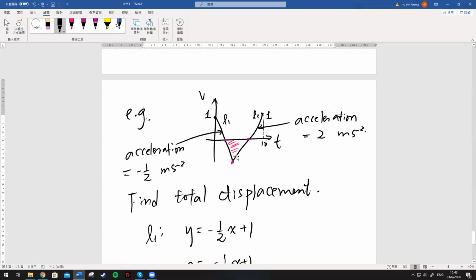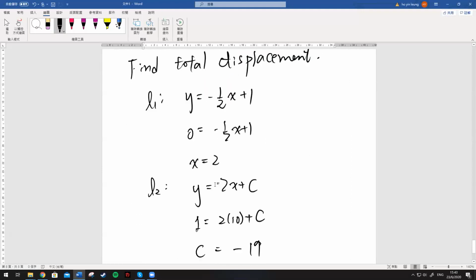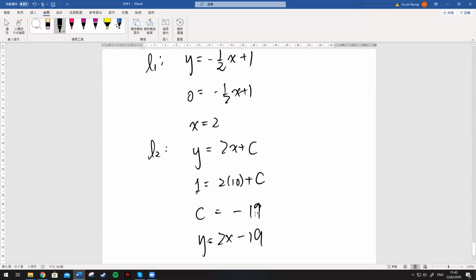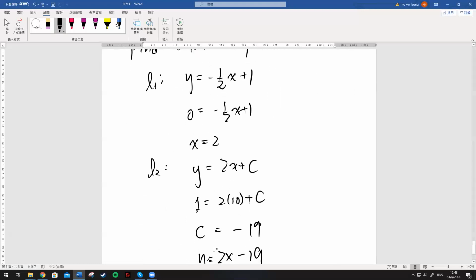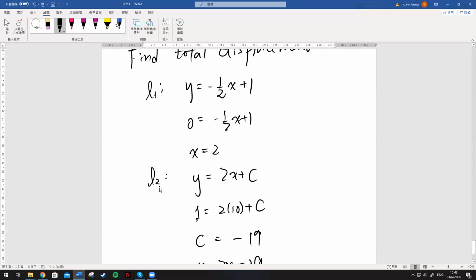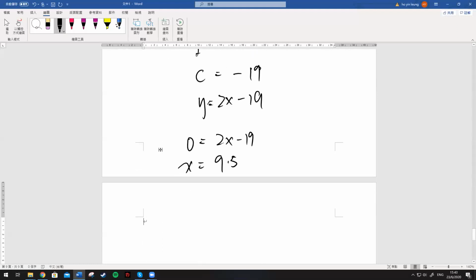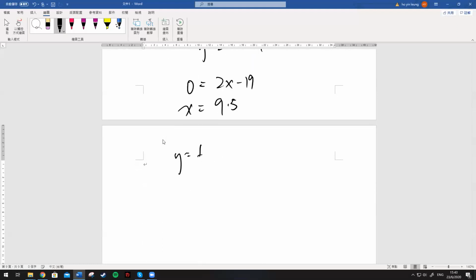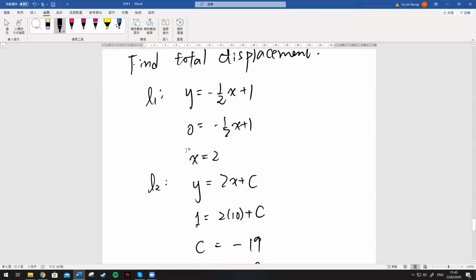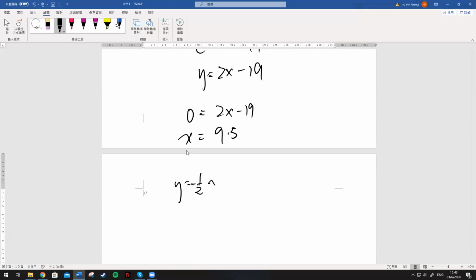Okay, and then we also need to find this point here. For this point, we just solve these 2 equations, this one and that one. If we solve the simultaneous equations, negative a half x plus 1 is equal to 2x minus 19.